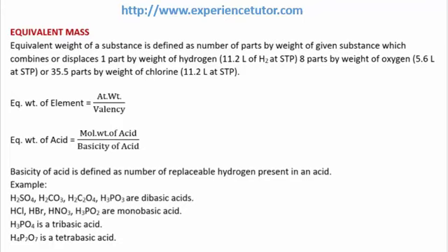That is 11.2 liter of H2 at STP, 8 parts by weight of oxygen, that is 5.6 liter at STP, or 35.5 parts by weight of chlorine, that is 11.2 liter at STP.